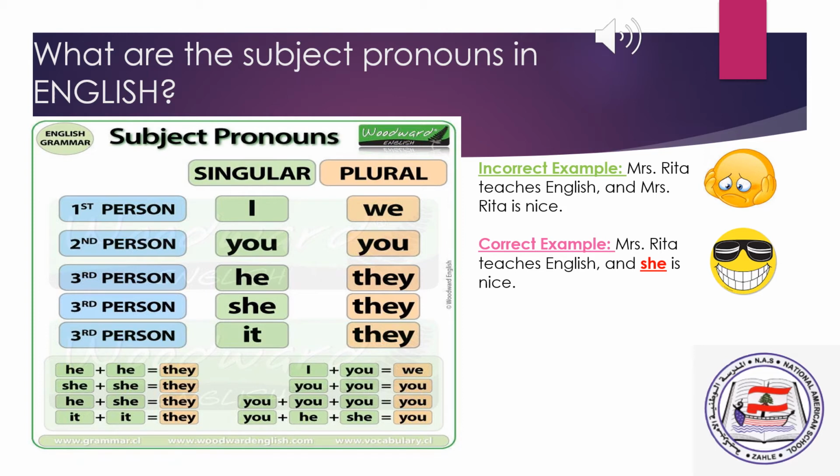We have to replace the second Miss Rita with a subject pronoun. Therefore, the correct way to say the sentence is Miss Rita teaches English and she is nice. The subject pronoun she refers to Miss Rita.